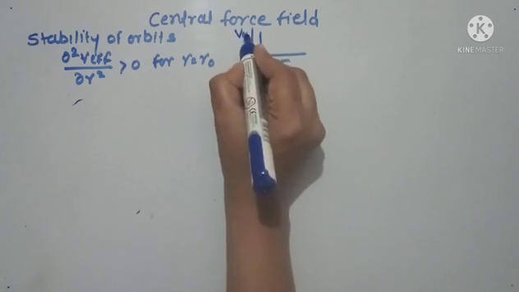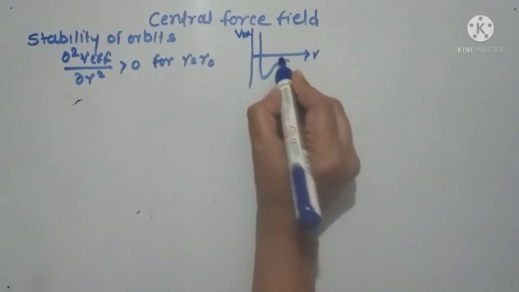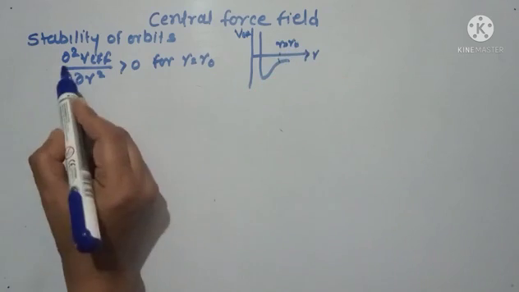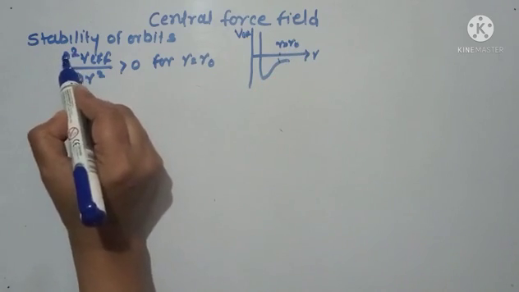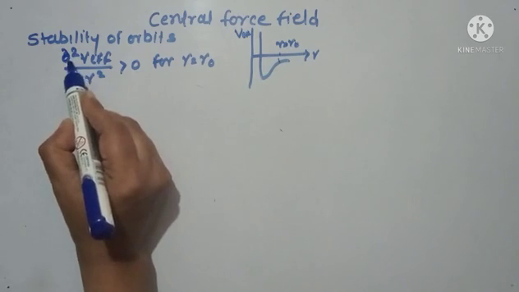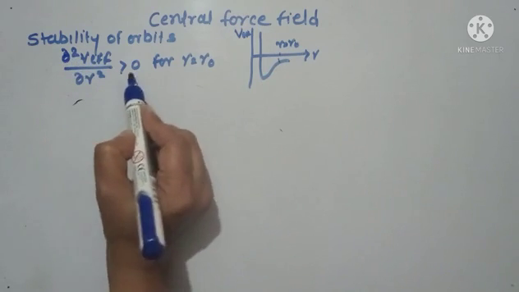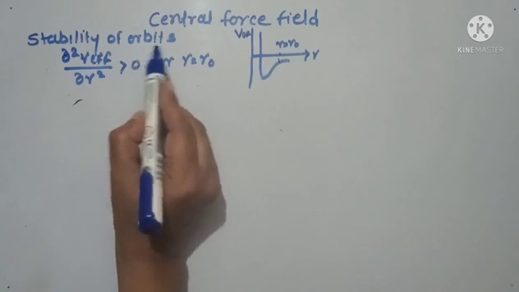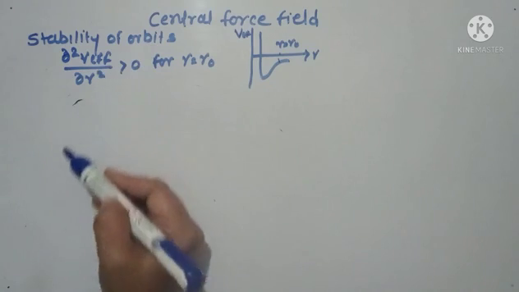So this is V effective and this is r. For r equal to r naught, this is some sort of a boundary condition. d square V effective upon dr square must be greater than 0, and then only will the orbits attain stability.